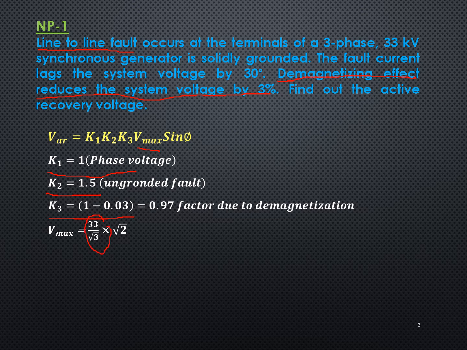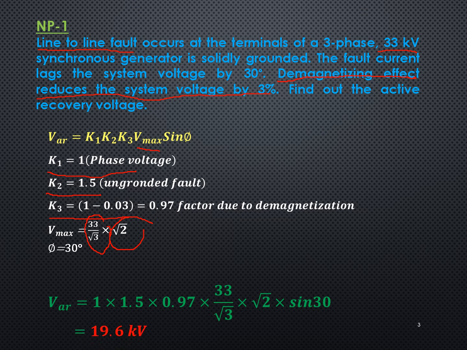This value is the per phase value, and multiplied by √2 it gives the maximum value, because this voltage is mentioned in terms of RMS value. The value of phi is given as 30 degrees. After putting in all these values in K1, K2, K3 Vmax sin phi, we can calculate the active recovery voltage, which is 19.6 kilovolt.